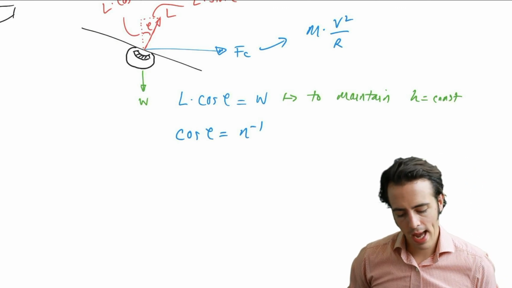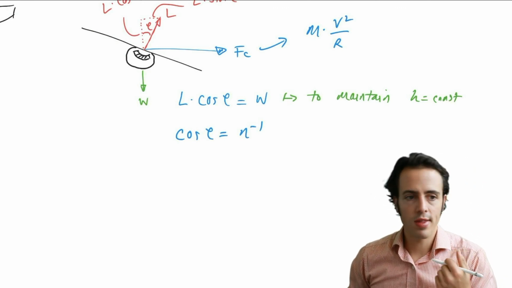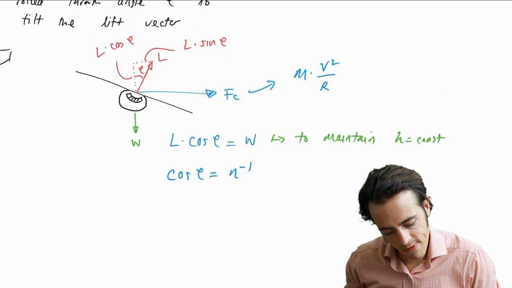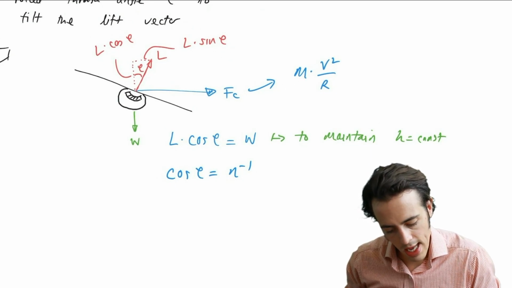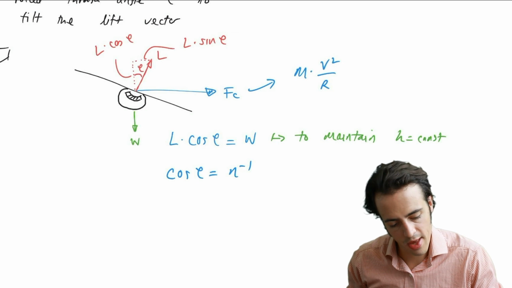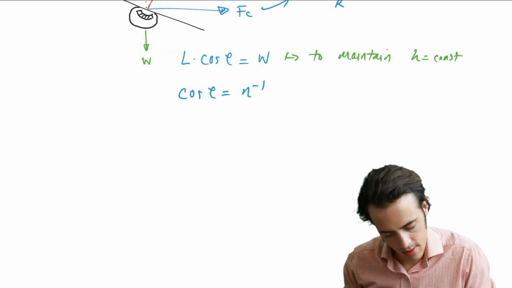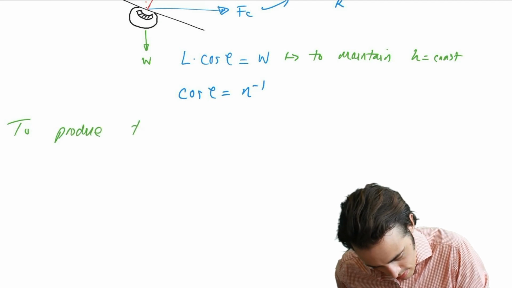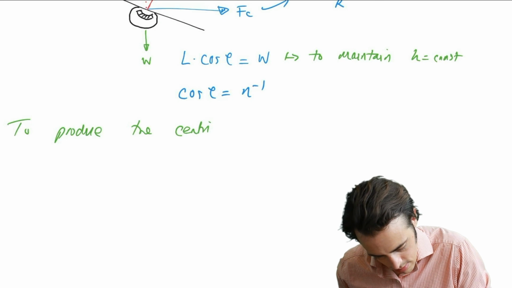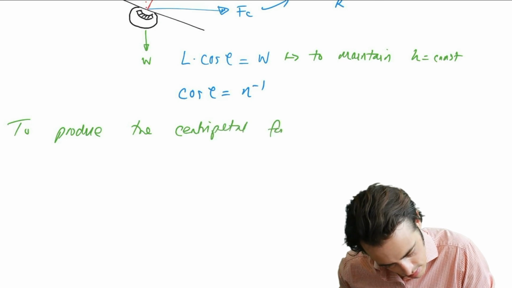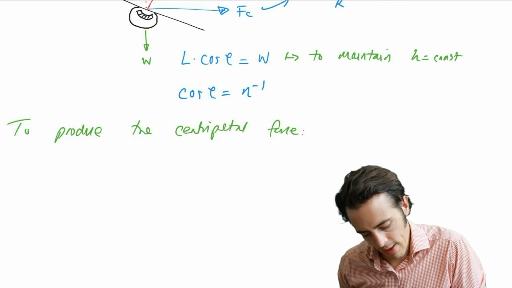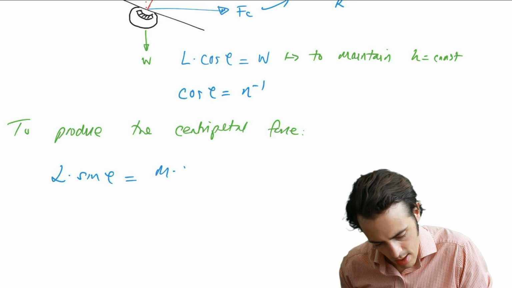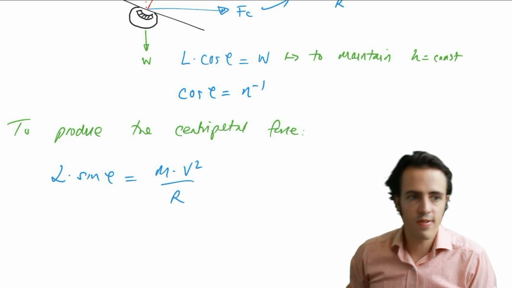So we can then relate that back to the bank angle, and we can then look at this in terms of the things that we need. So just by looking at forces in the horizontal components here, this part here has to be equal to Fc. So to produce the centripetal force, L sine phi has to be equal to m v squared divided by r.